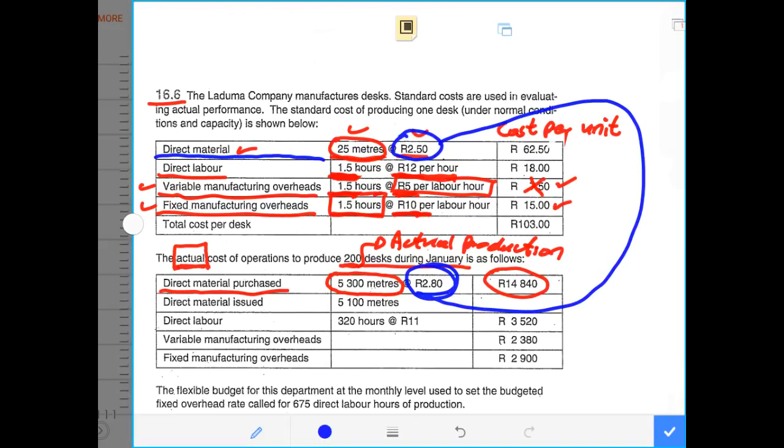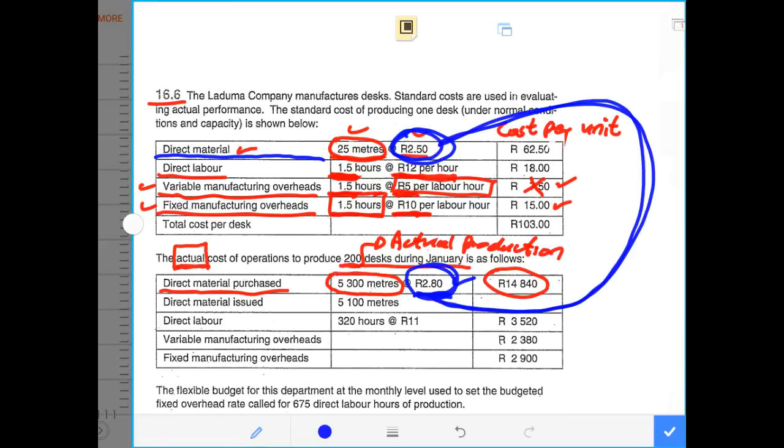Now they realized that the material cost per meter was 2 Rand 80 cents. So the actual price is higher than the standard price. That means the difference of 30 cents would be a variance. Therefore, when it comes to the material standard price and the actual price, there was a variance, which is cost per meter.